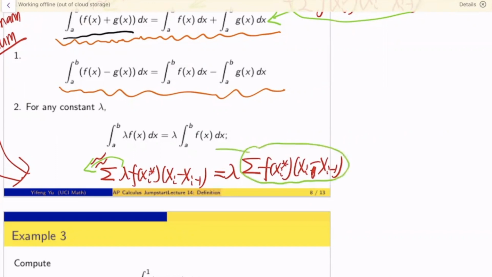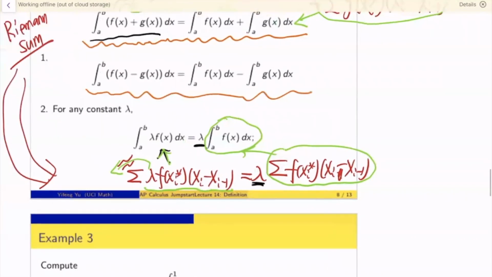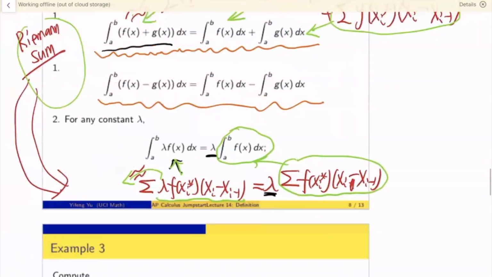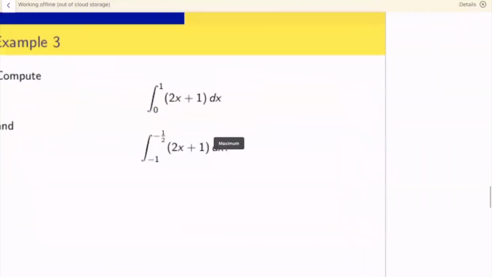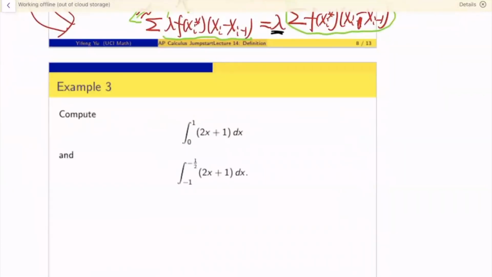This one will just approximate to the integral of f. And of course, with the lambda, this will approximate to the whole thing, lambda times the integral. Again, you see it's obvious why those properties are true if we look at the original definition using the Riemann sum.